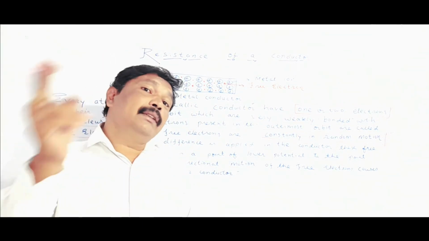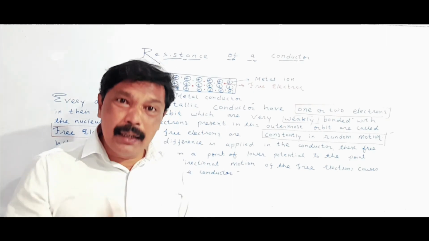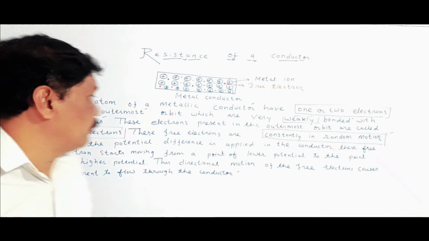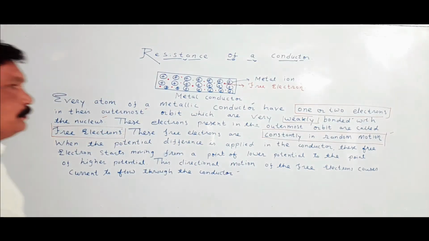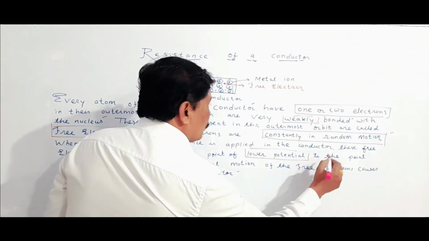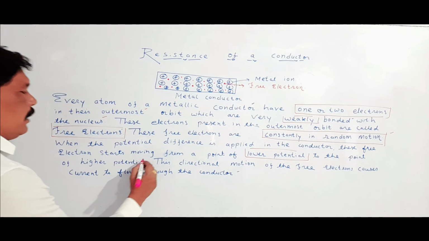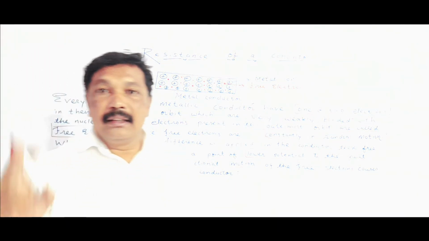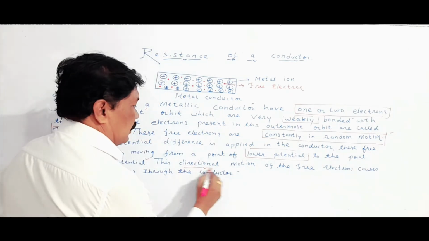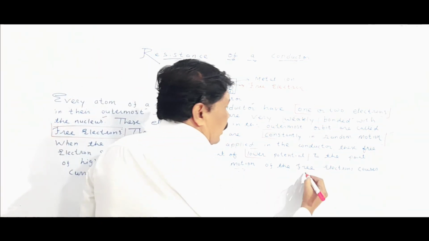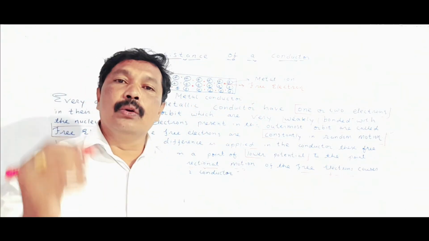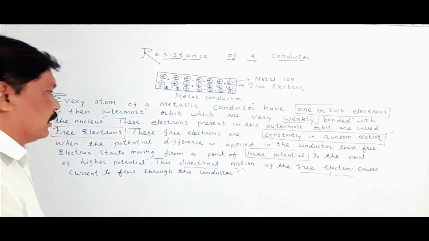But when a potential difference is applied to the conductor, these free electrons start moving from the point of lower potential to the higher potential. This directional motion of the free electrons causes the current to flow through the conductor.